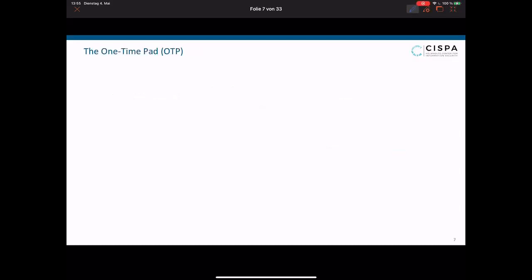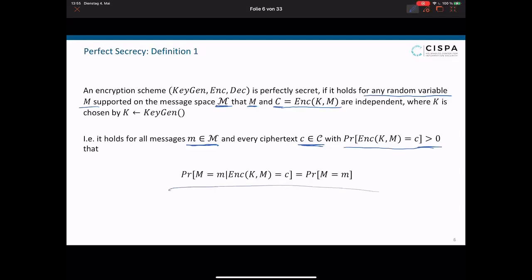I see there's a question. The question is, intuitively, this means that we cannot get any information about the message when seeing the ciphertext. Correct. This is exactly where I was going now.